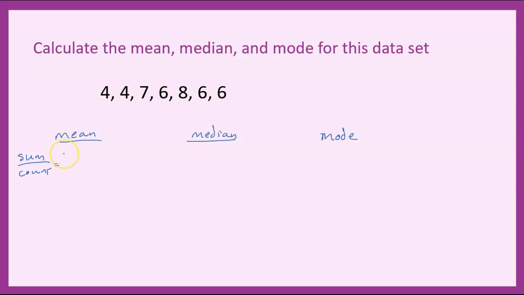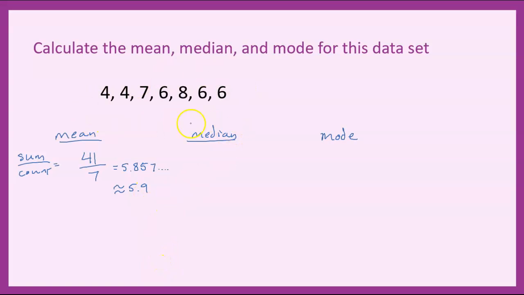I'm just going to put these all in my calculator rather than writing them out. 4 plus 4 plus 7 plus 6 plus 8 plus 6 plus 6 is 41. And I count them 1, 2, 3, 4, 5, 6, 7. So 41 divided by 7 is 5.857, and it keeps going on. It might ask us to round to the nearest tenth, in which case we would say this is 5.9.